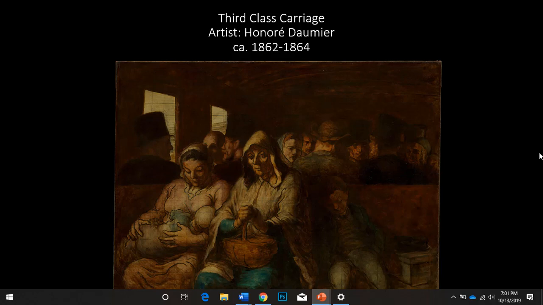But just because this is unemotional does not mean that Daumier is completely detached. Despite being crammed into a claustrophobic, dirty rail car, there's still this quiet, serene dignity to these people. You've got this golden light, which could almost have a religious connotation. And I'm saying that because I'm noticing here the positioning of the hands that rest on the basket, which to me suspiciously look like praying hands, right?